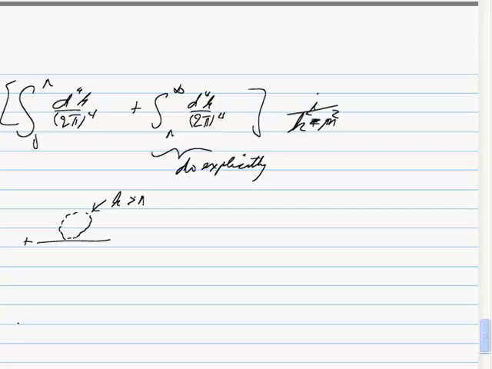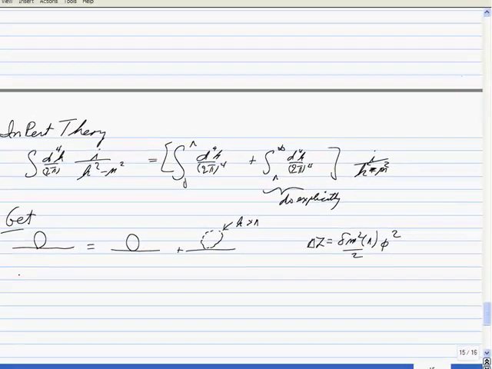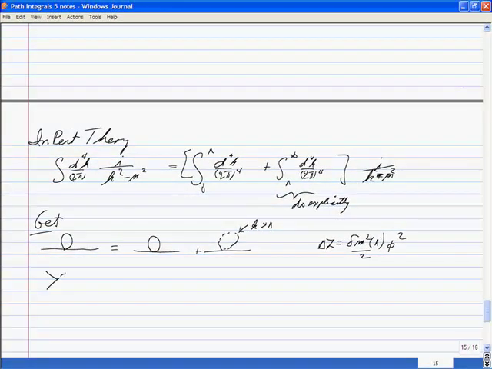So if I just take the k bigger than lambda piece, I'm going to get a delta L, which is some delta m squared that depends on that lambda, over 2 phi squared. Okay. Likewise, if I do some scattering like this, here I take both these guys with k bigger than lambda.